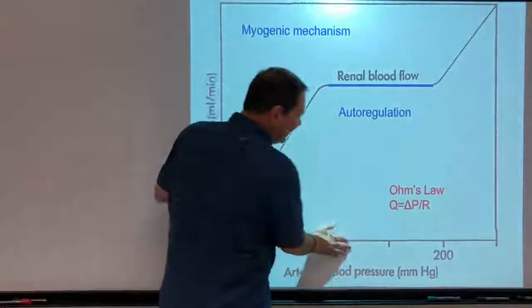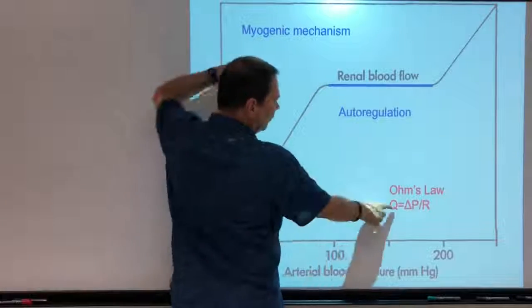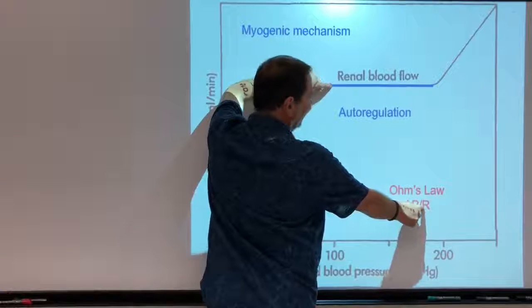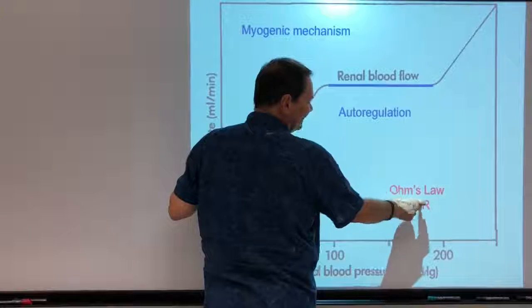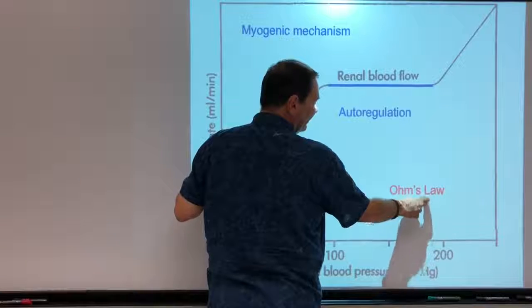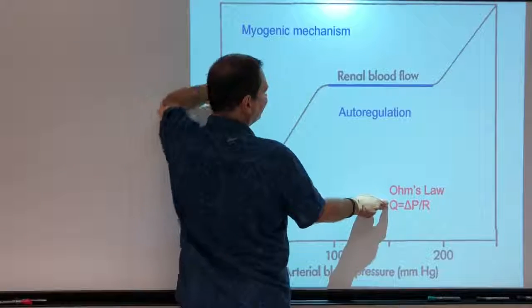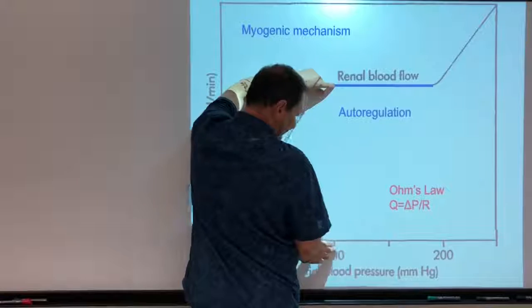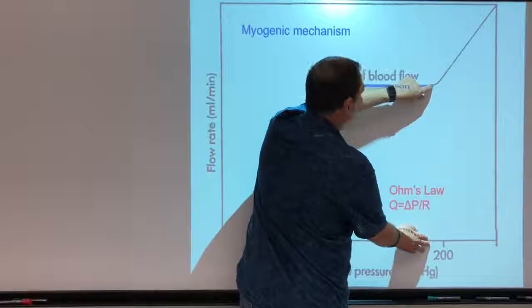Well, delta P is continuing to go up over this range, but the flow is the same, so you know something must be happening to resistance, and that is true. What's happening is as delta P is going up, resistance is increasing as well. And because this and this both increase, flow remains the same. Okay? So blood flow remains constant over a certain range of pressures, especially in the kidney.